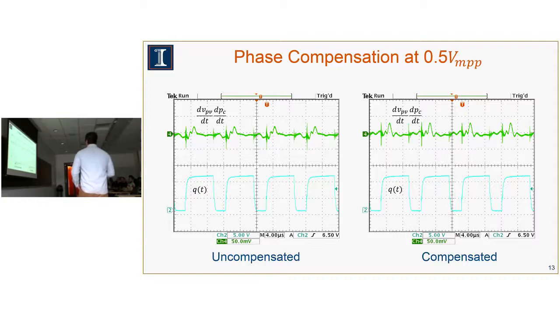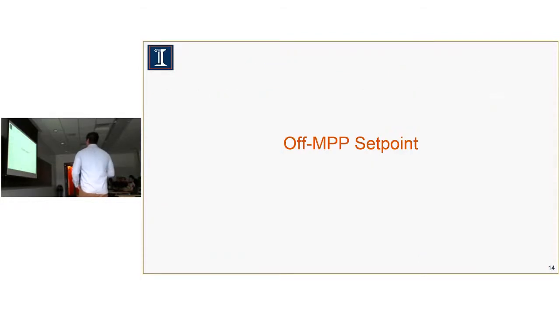And just as an addition, the compensated converter is stable at 100 kilohertz, and the uncompensated one isn't. Okay, so that's just the capacitive compensation part of the presentation.